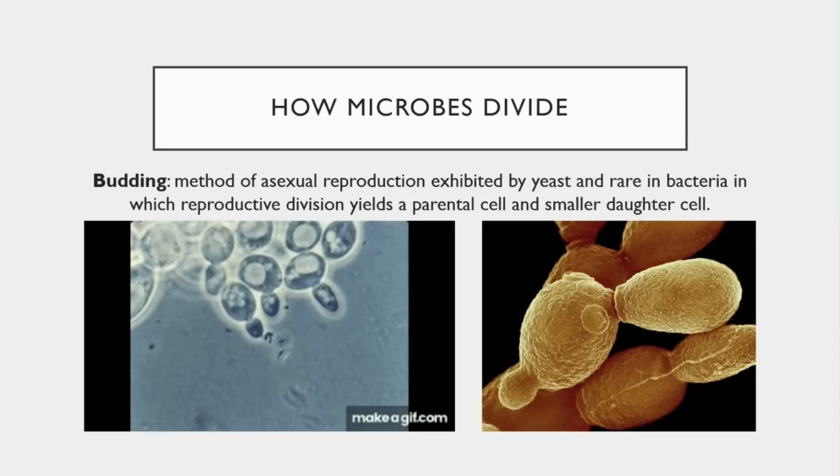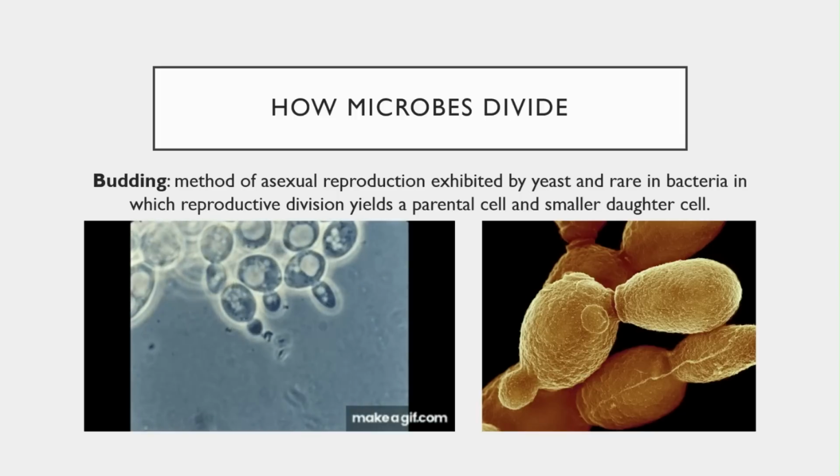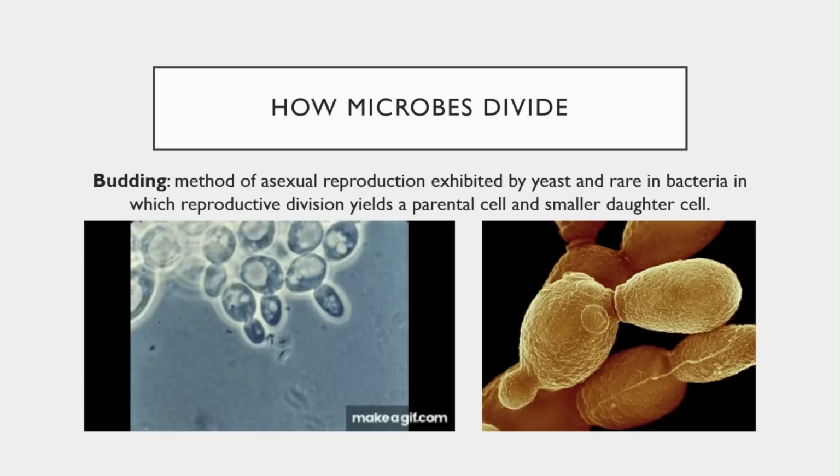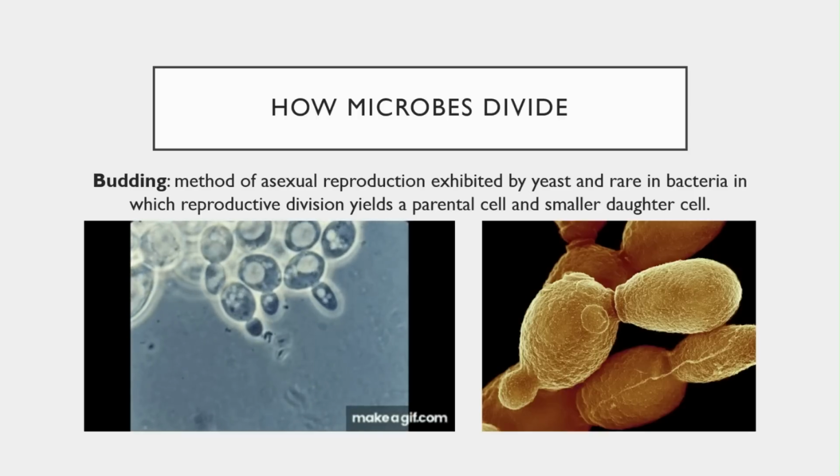Budding is another example of replication, which is another form of asexual reproduction, exhibited by yeast cells and a few, but some, bacteria, in which reproductive division yields a parental cell and a smaller daughter cell.